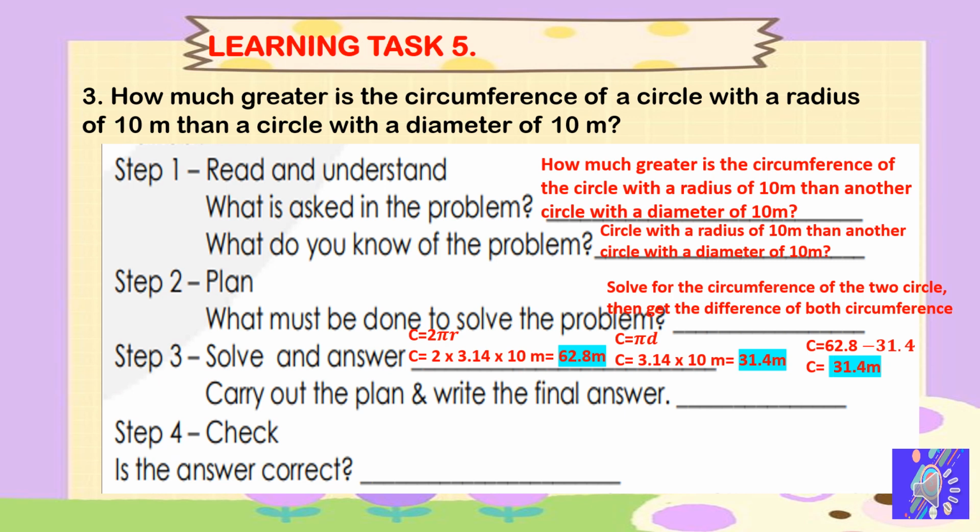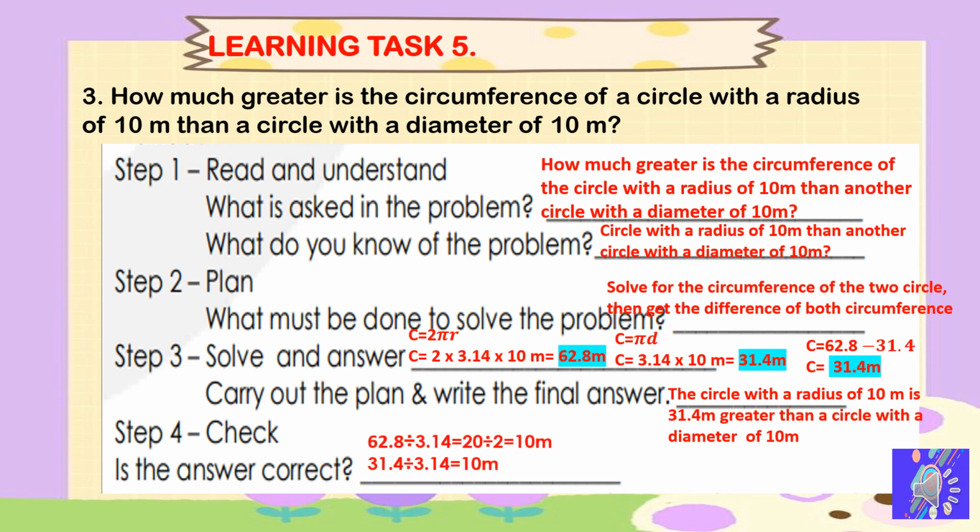The first circle has a circumference of 62.8, and the second circle, which has a diameter of 10 meters, has a circumference of 31.4. So if we subtract, the difference will be 31.4 meters. That means the circle with a radius of 10 meters is 31.4 meters greater than a circle with a diameter of 10 meters.